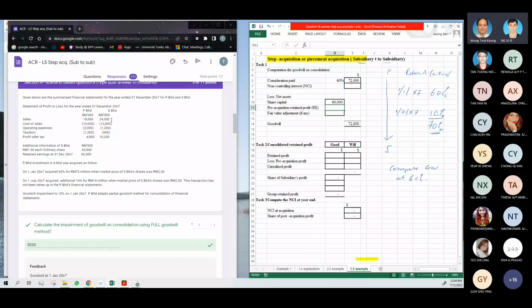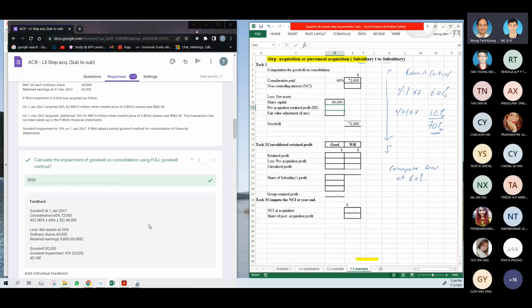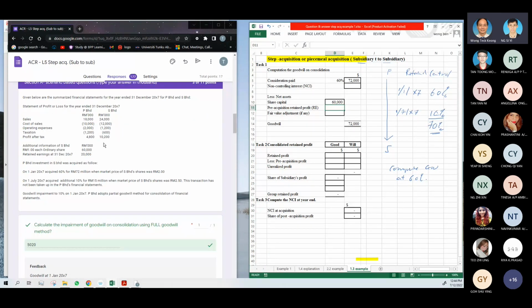Retained profit at 31st December is 20,000. You have to compute the 1st January profit: the 20,000 accumulated minus the current year profit of 10,200, so you get the opening 9,800. There is no fair value adjustment, so what you need to do is to add up both.